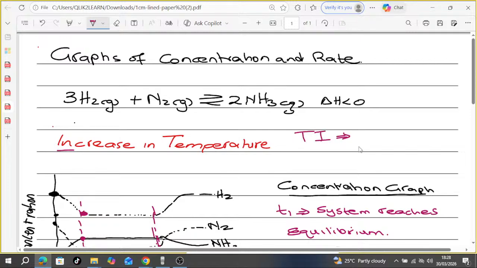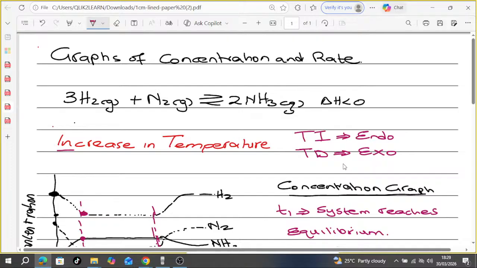Yes, the forward is exothermic. And then the reverse reaction will be endothermic. And in our notes yesterday, we said that if temperature is increased, then it's endothermic. I'm looking in our notes, and I'm seeing that endothermic is our reverse. Oh yeah, and then we said if temperature is decreased, it's exothermic.